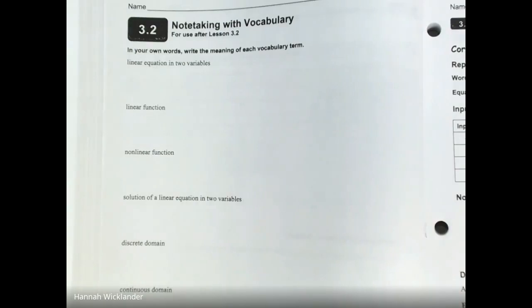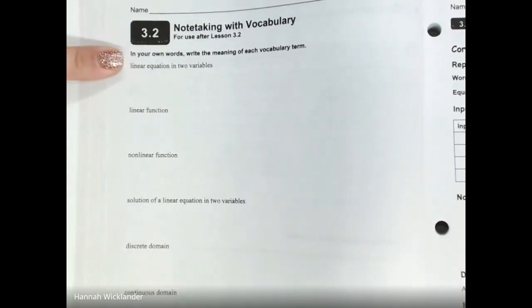So let me get to the vocabulary. Okay, so I'm in the Big Ideas Math Journal on page 66 if you would like to take notes with me. The first word is linear equation in two variables.